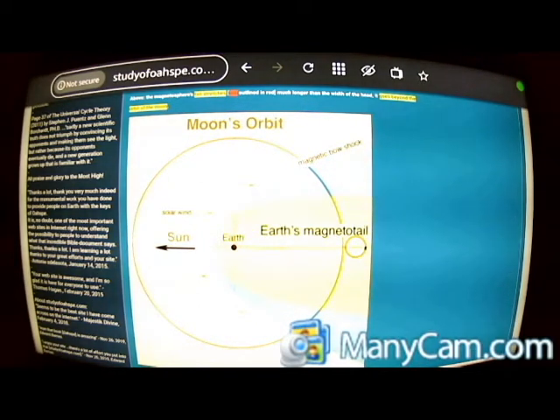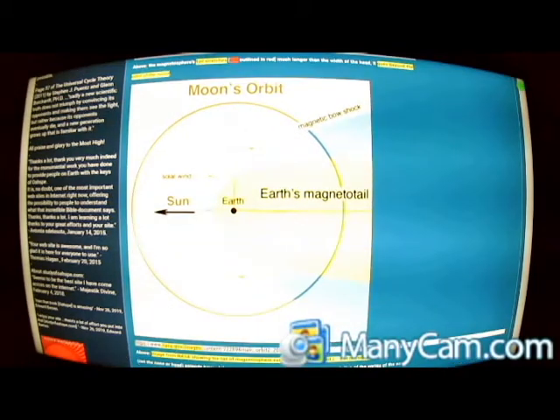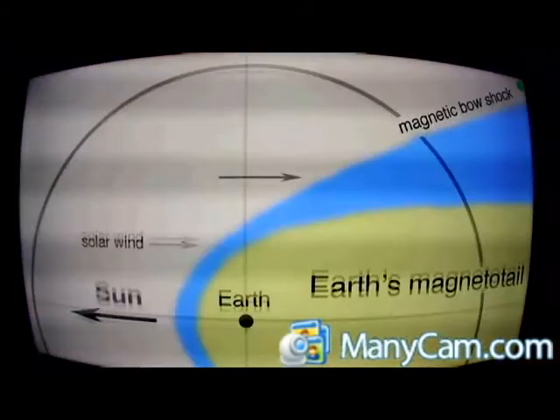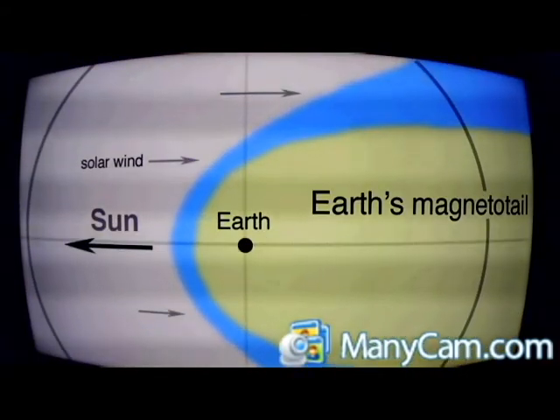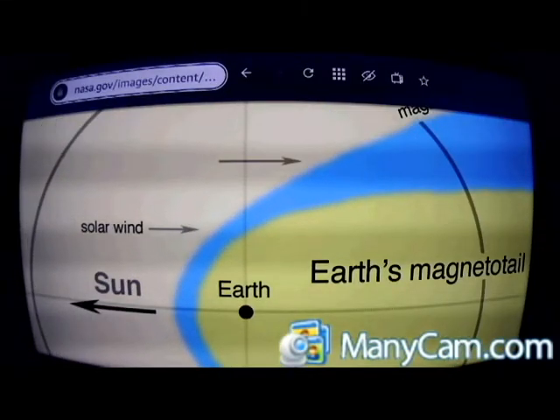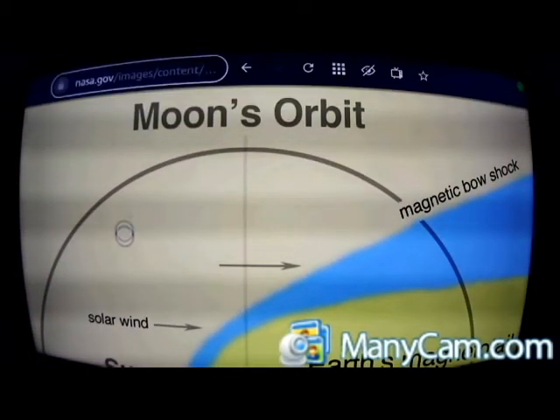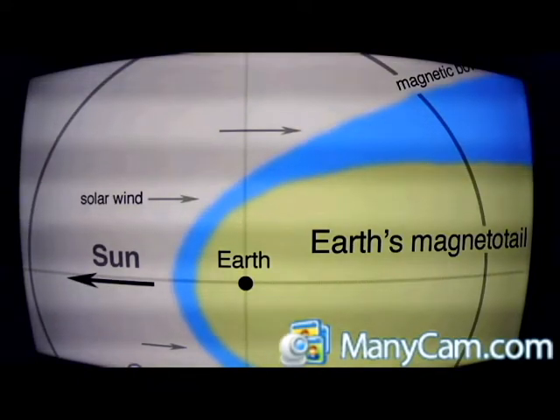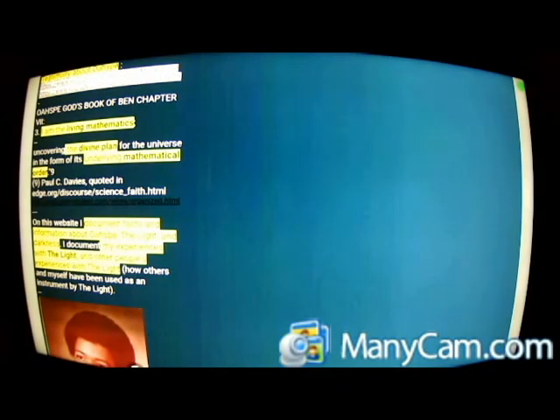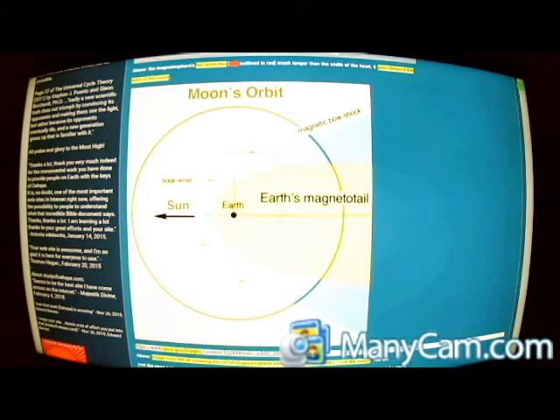The tail of the vortex extends beyond the orbit of the moon, from that NASA image, which I have a link to right there. And when you click on it, you get an enlarged image, and there you can see, beyond the orbit of the moon, the Earth's magnetotail, the tail of the vortex.